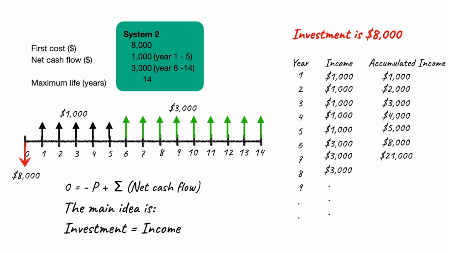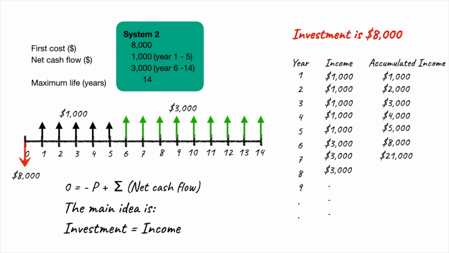The main idea when you encounter cash flow with varying amounts is that you have to ensure the value of investment is equivalent to the value of income. So if the investment is $8,000, look at the column of accumulated income. At what year does it reach the value of investment of $8,000?